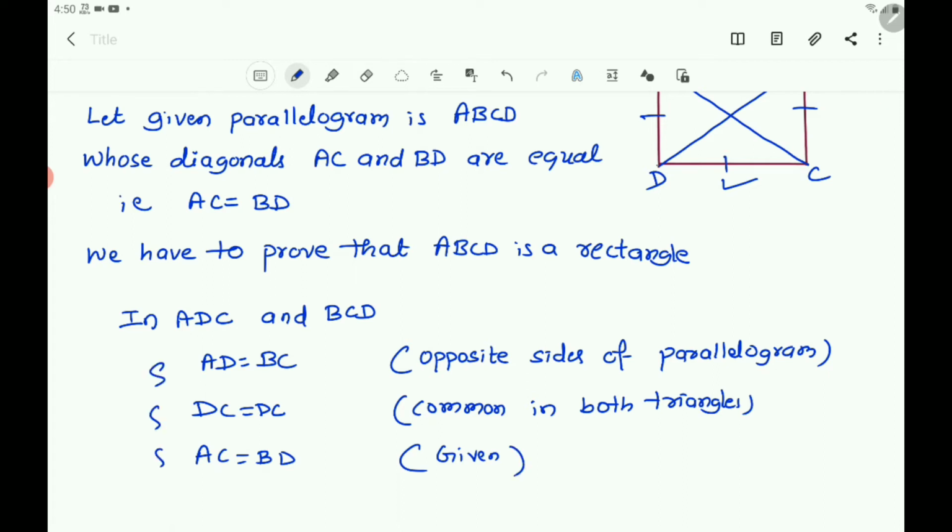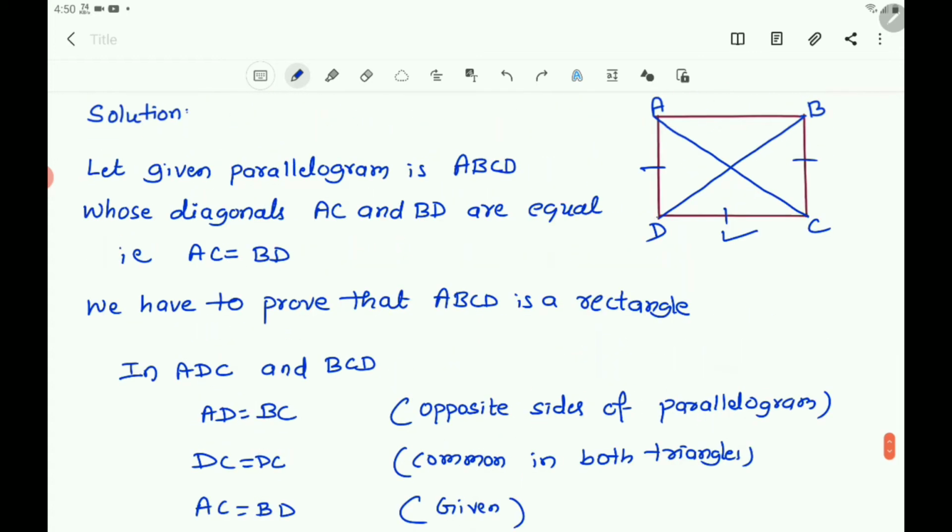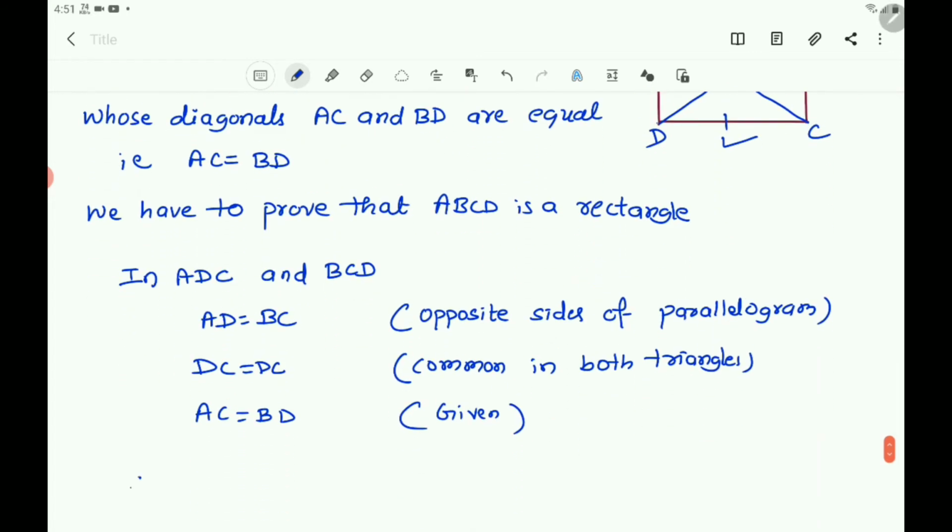side, side, side. According to the SSS Congruence Rule, you can write that triangle ADC is congruent to triangle BCD. According to which congruence rule?